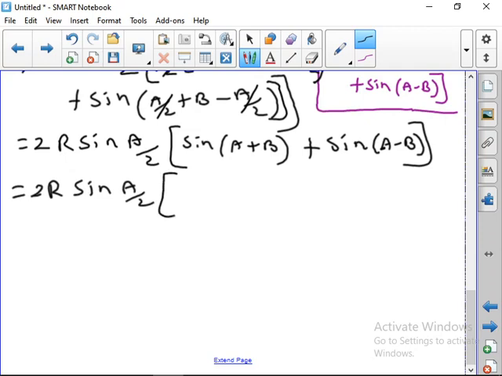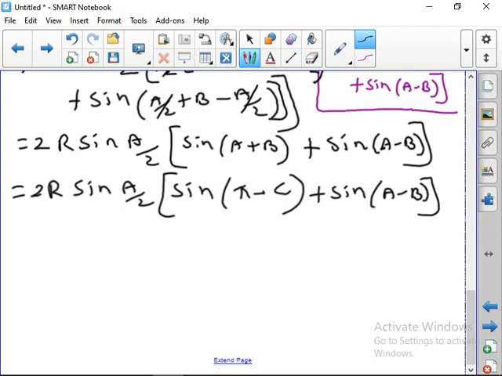So A plus B how can we write it? Can we write sin pi minus C? Pi is nothing but 180. So sin A minus B. So what is sin 180 minus theta? Or sin pi minus theta?